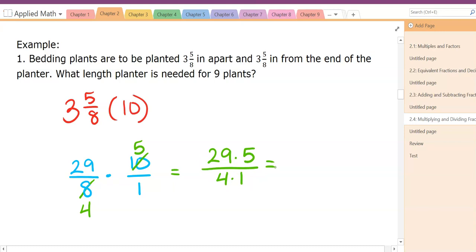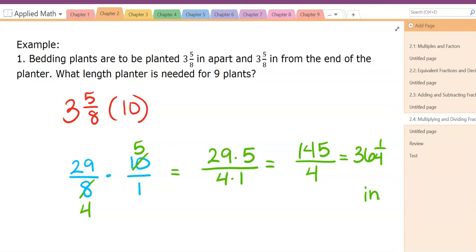And so we would end up with 145 over 4, which would be the same thing as 36 1/4. And our label here would be inches. So we need it to be 36 1/4 inches long in order for this all to work out spatially.